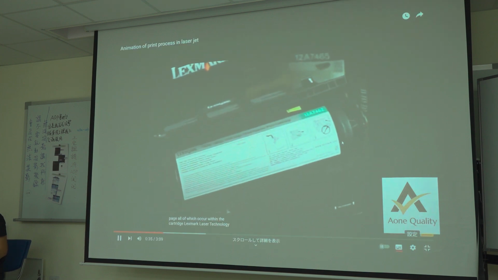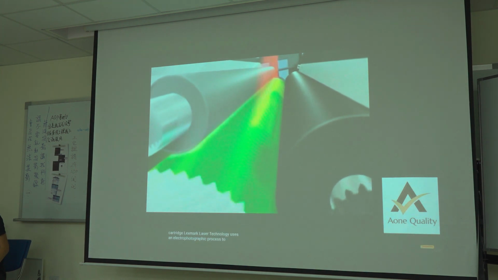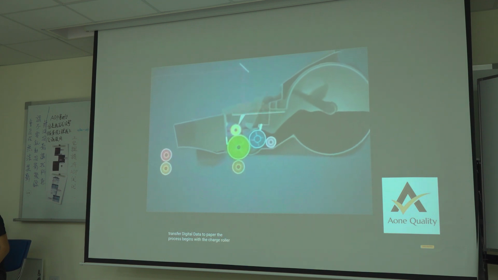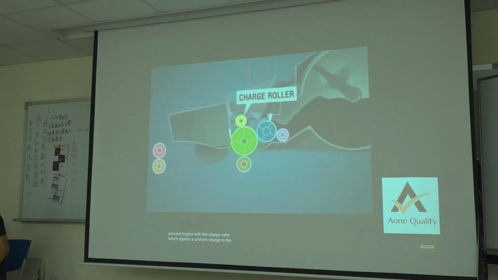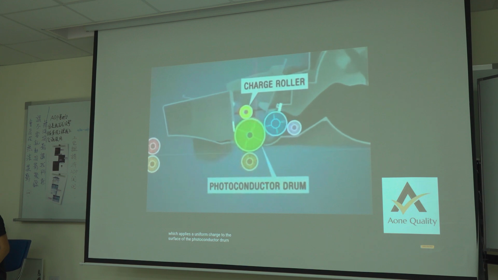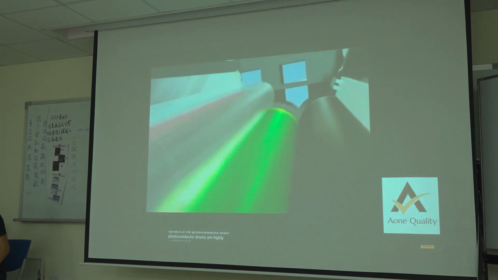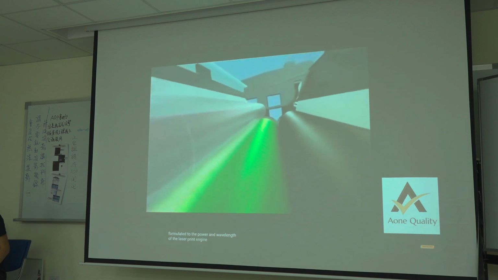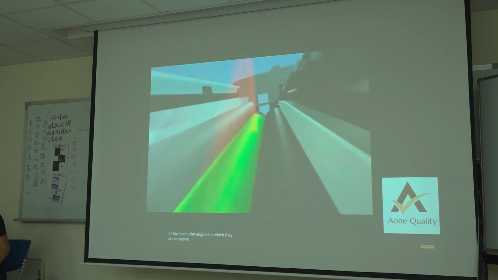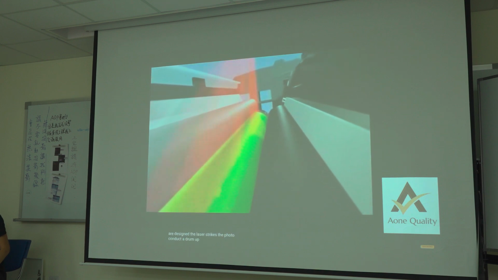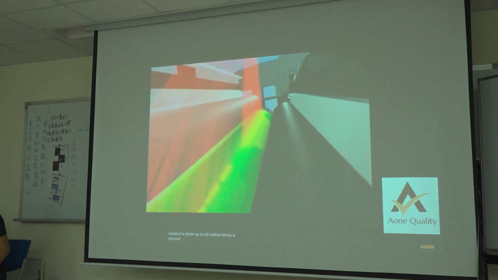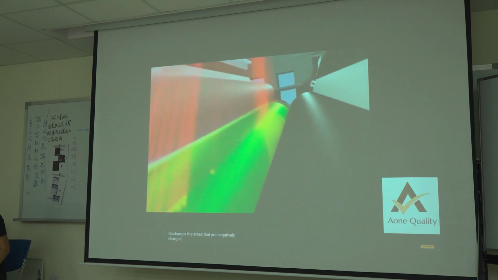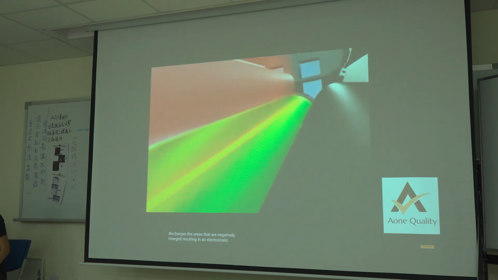Lexmark laser technology uses an electrophotographic process to transfer digital data to paper. The process begins with the charge roller, which applies a uniform charge to the surface of the photoconductor drum. The laser strikes the photoconductor drum up to 65 million times a second, creating a chemical reaction that discharges the areas that are negatively charged, resulting in an electrostatic image.